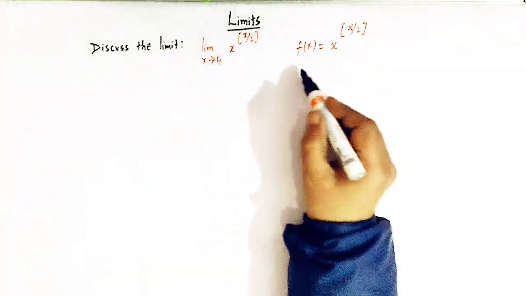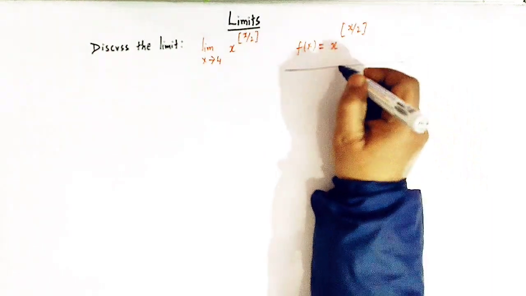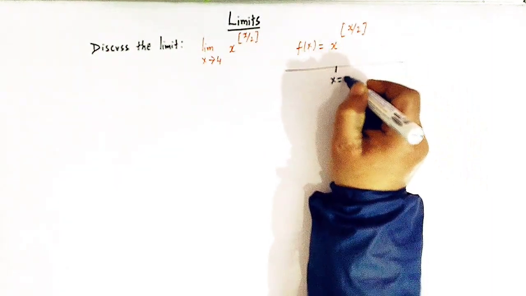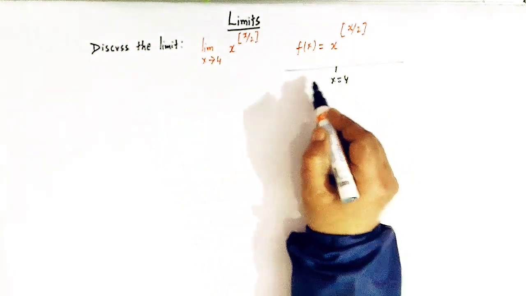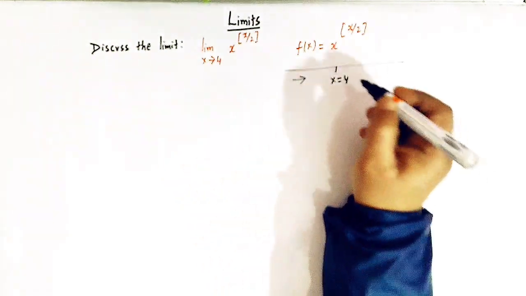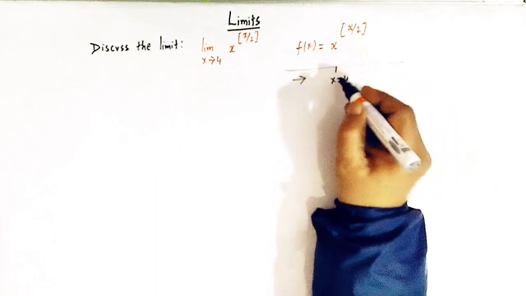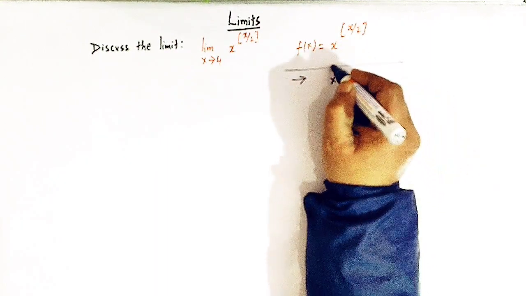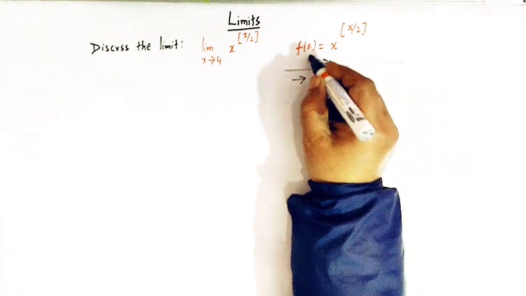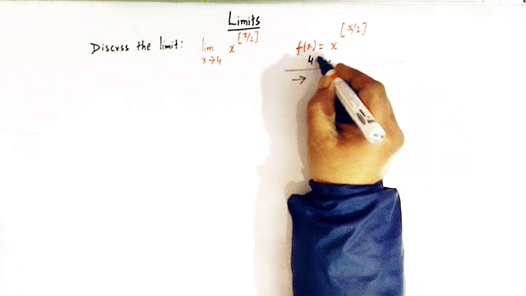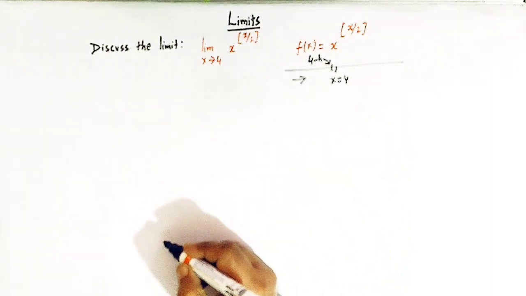So here we have x is equal to 4, and when we approach from the left of x is equal to 4, then we have a point in the left neighborhood of x is equal to 4, such that this point may be taken as 4 minus h, right?